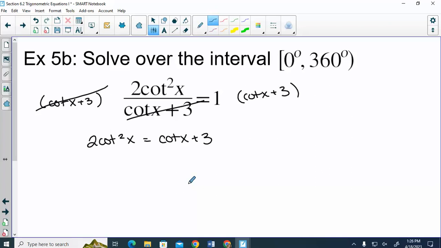So now, what would I have to do? We need it all on one side. Then what do we do?